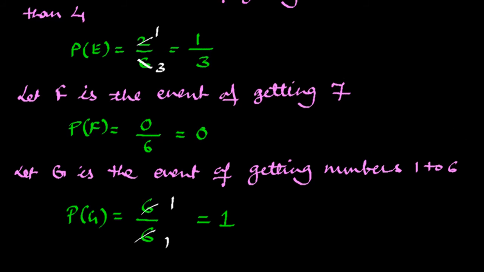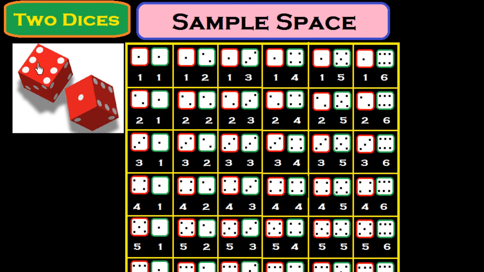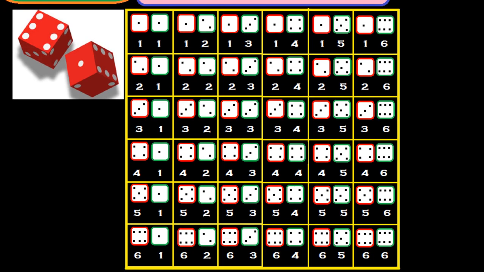Now if we have 2 dice, we obtain the sample space in this way. If we throw 2 dice simultaneously, we get the sample space: 1 1, 1 2, 1 3, 1 4, 1 5, 1 6. The first die gets 1 and the other gets 1, 2, and so on, and then the first gets 2 and the other gets 1, 2, 3, 4, 5, 6. So in this way we get the sample space.